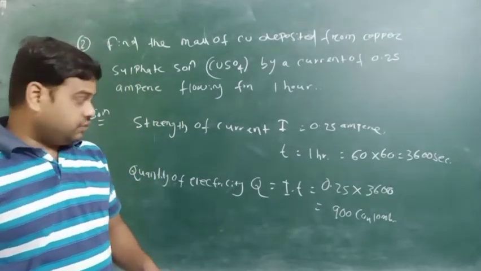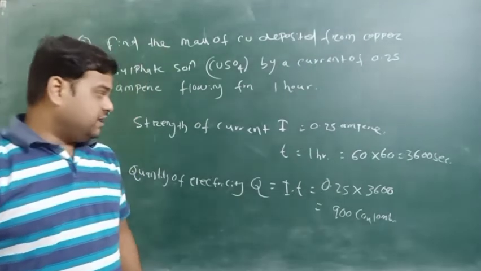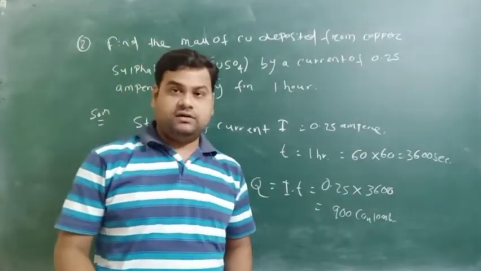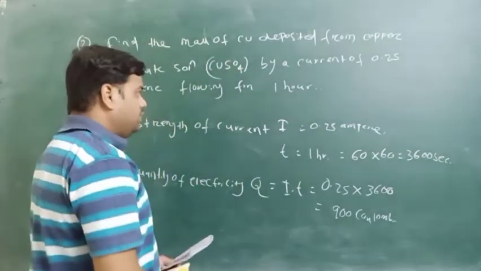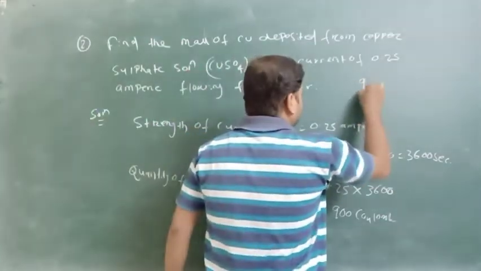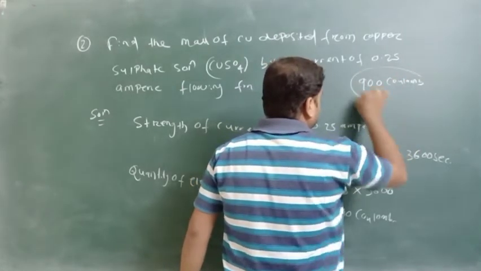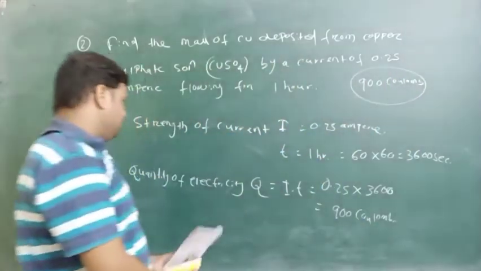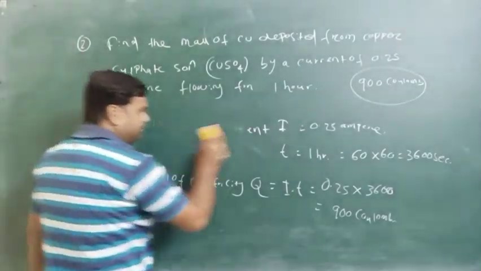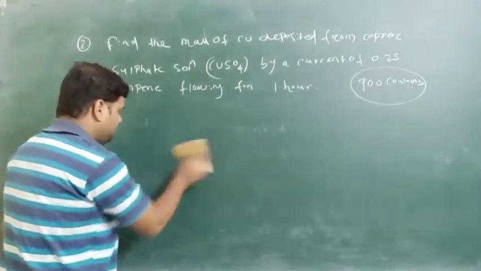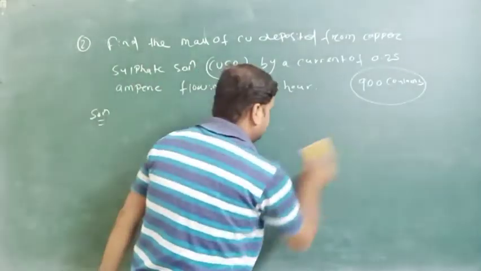It means 900 coulombs of electricity is supplied to the electrolytic solution. So now we will calculate the chemical equivalent, the equivalent mass of the copper. We have to keep in mind that 900 coulombs of electricity is supplied. Next we will move on to the calculation of chemical equivalent.